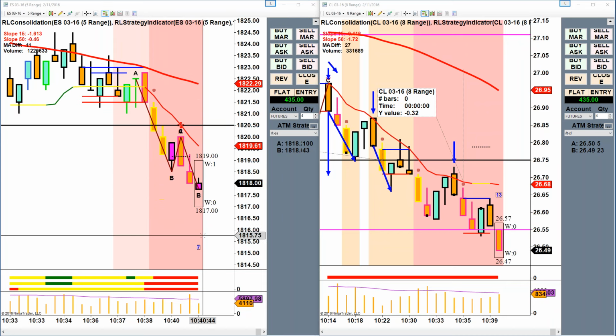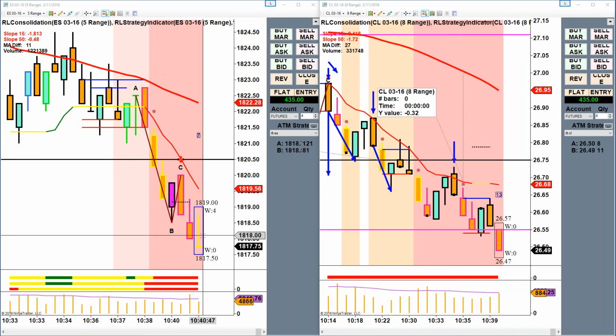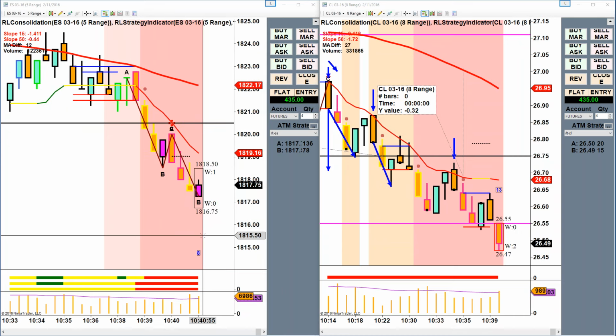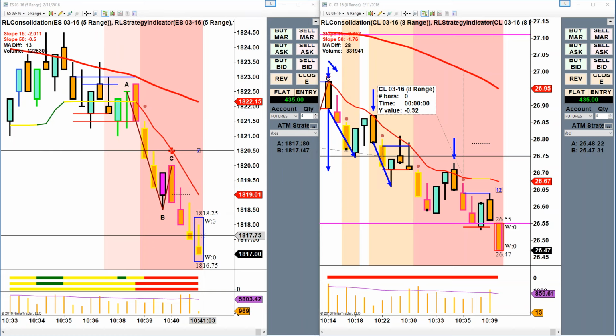There's your winner. Perfect trade. And let's see if it's going to run. It's going. Just got another candle. You would be pushing your stop, locking in profit.